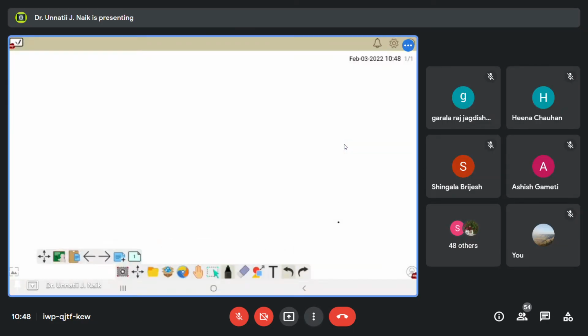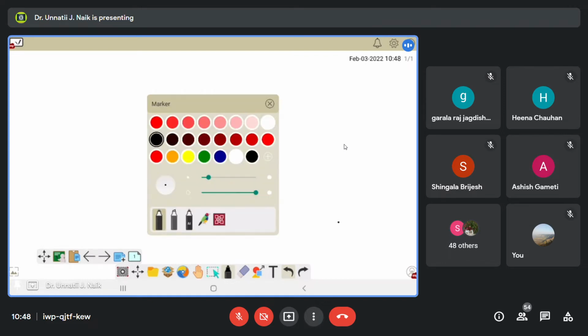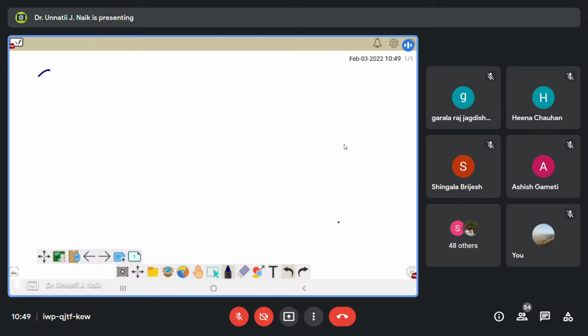Now, when we consider an f orbital, that means we have 7 suborbitals available. Is the whiteboard visible to you? Yes, ma'am.